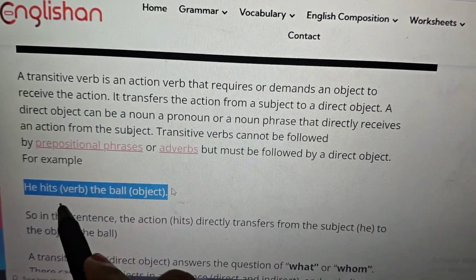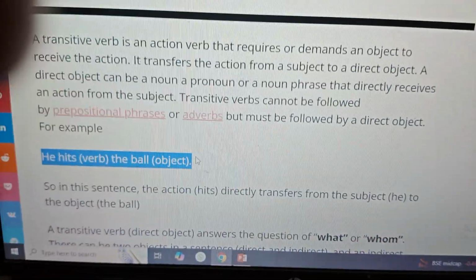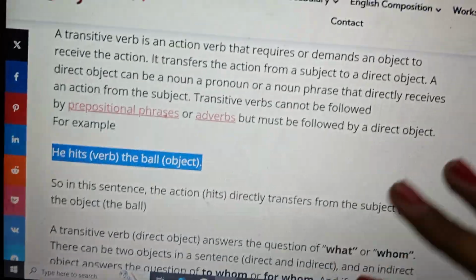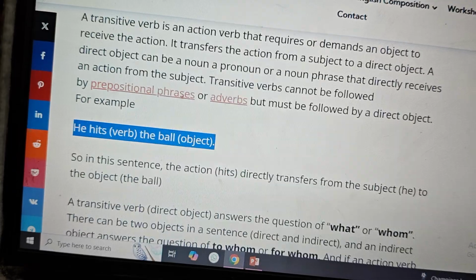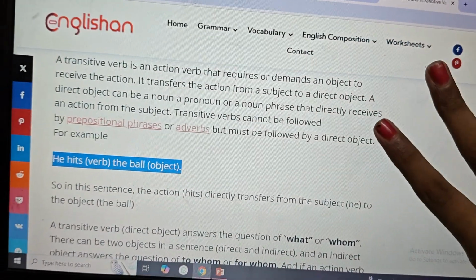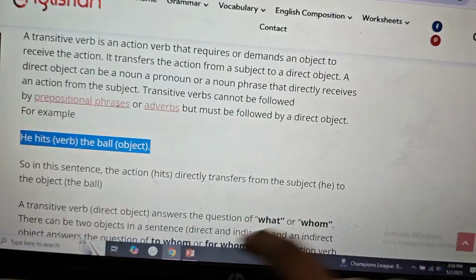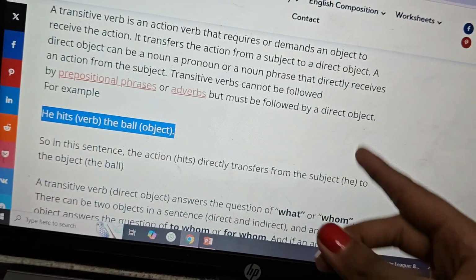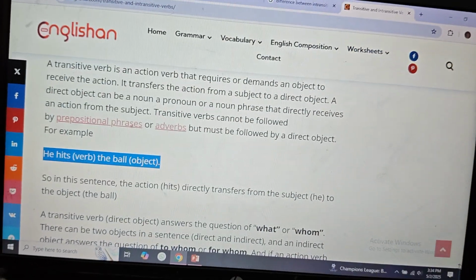I think you can understand. This action is transferring from the subject to the object. So, as you understood the transitive verb, we need not discuss the intransitive verb especially, because the transitive verb is totally opposite to the intransitive verb. You can understand it yourself. Here the action came first. That means the subject will come and the object will come after that. The action then comes. That's it.